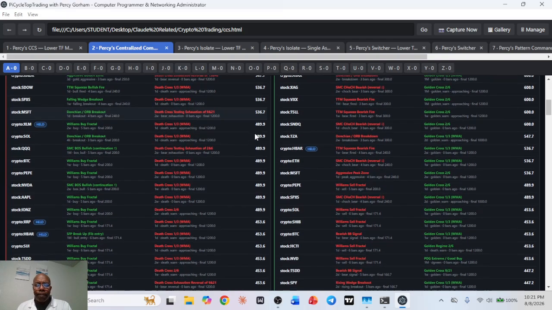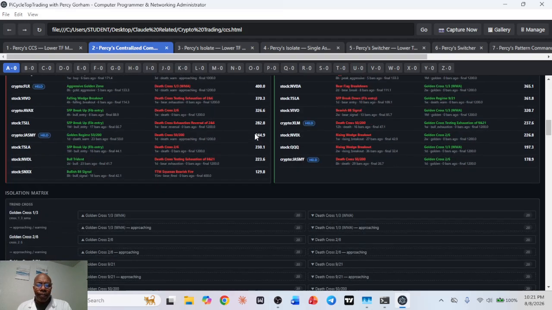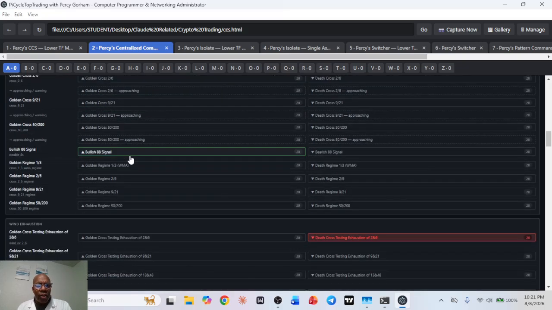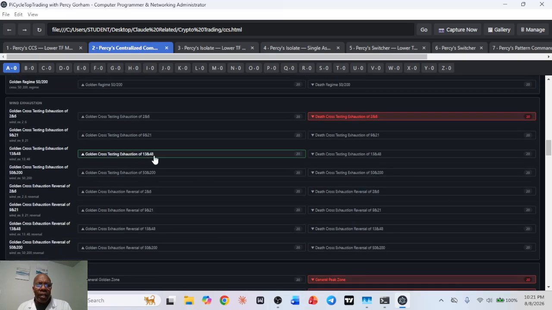As we scroll down the screener, you'll begin to see some of the indicators that we saw in the scanner. And we have more than, of course, 21, because some things are separated out in great detail. For example, the wind exhaustion.